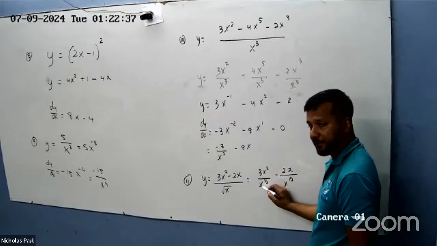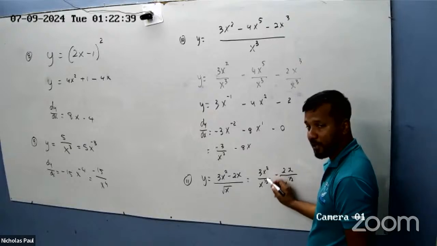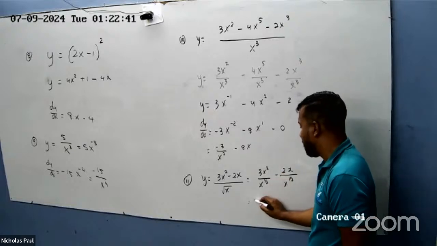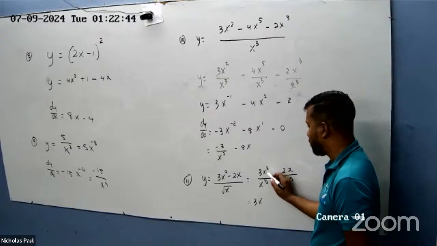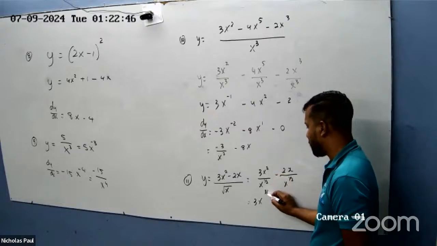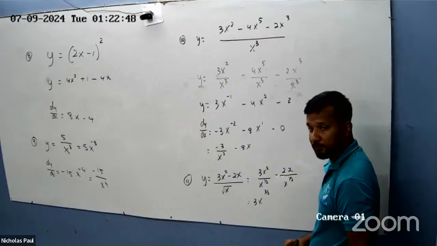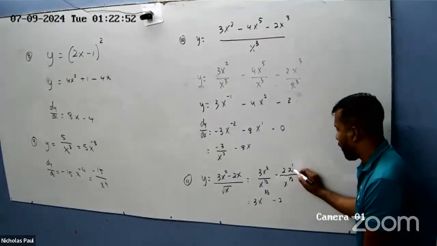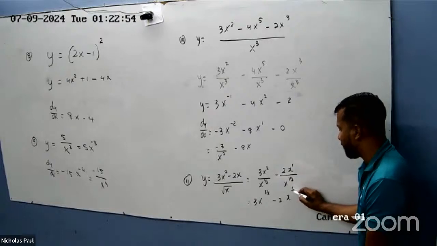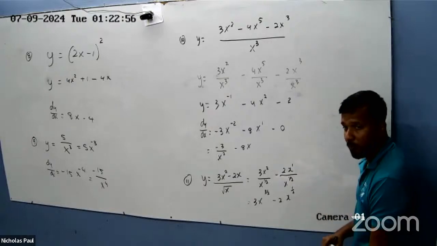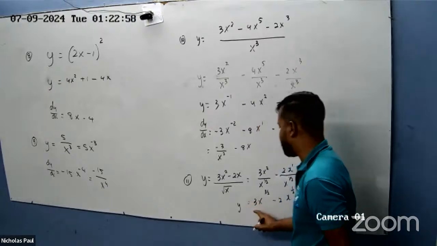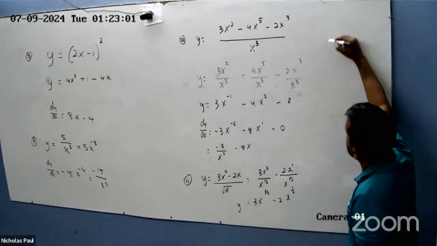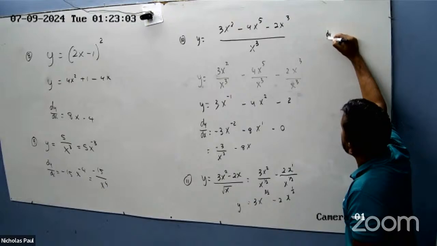Same base, you divide, so you subtract. That'll be 3x to the 2 minus a half, which is 3 on 2, and 1 minus a half is a half. So this is your simplified equation that you're going to differentiate now.